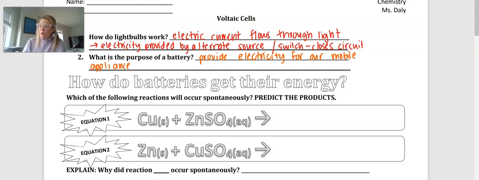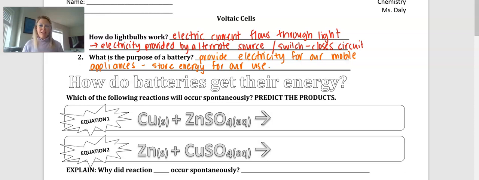For example, I'm sure just like me, you always have a phone nearby, and the battery in there is providing the electricity needed to power that phone. And batteries are going to store the energy for our use.